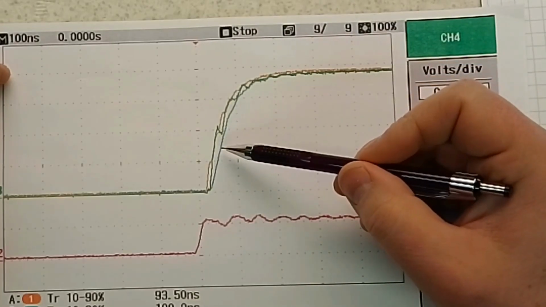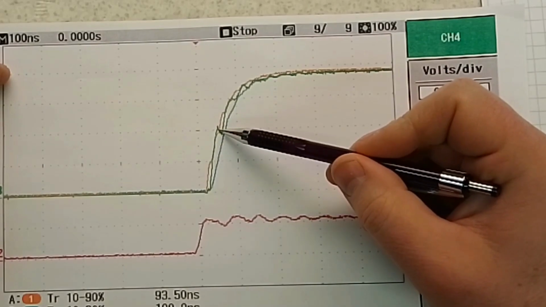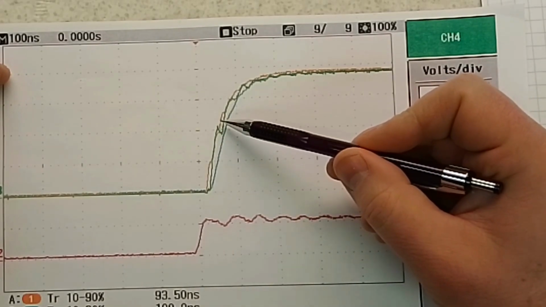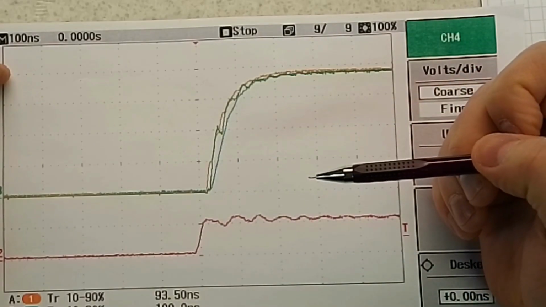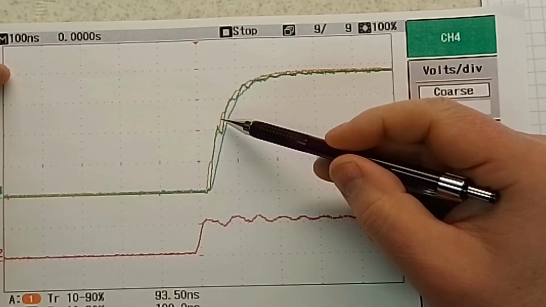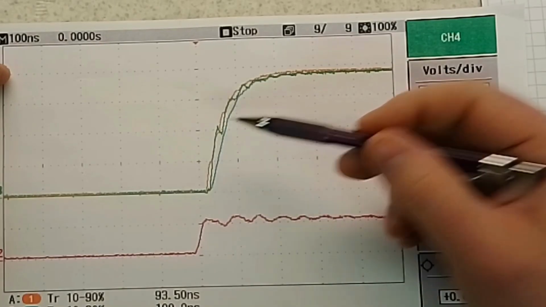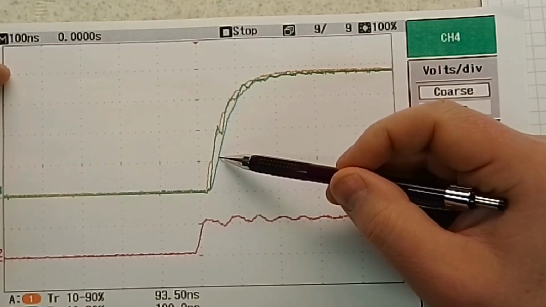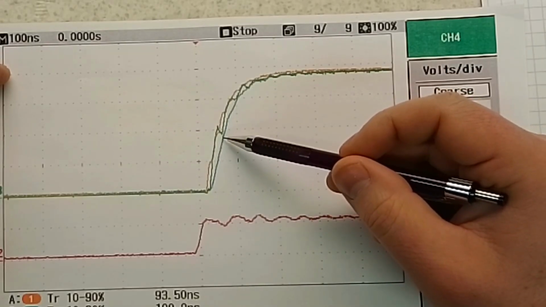But we can estimate that current transformer and the Shunt, they are DIY versions, but they have the same rise time as commercial Rogowski coil.